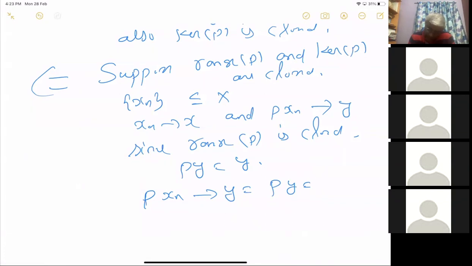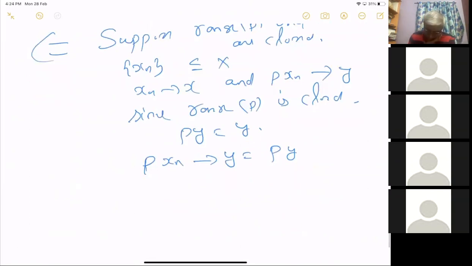Since range of P is closed, y is also in range of P. So P of y equal to y. That is right. Now we have to prove that Pxn converges to y, which is equal to Py.